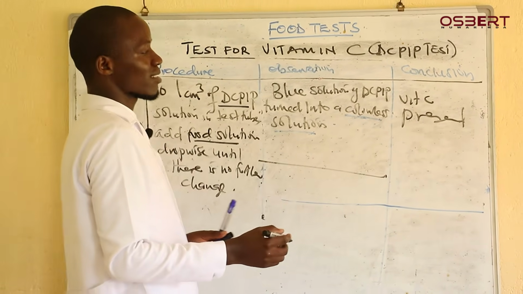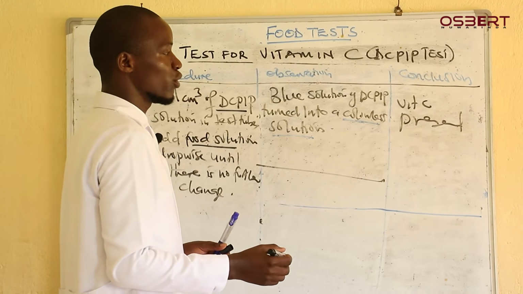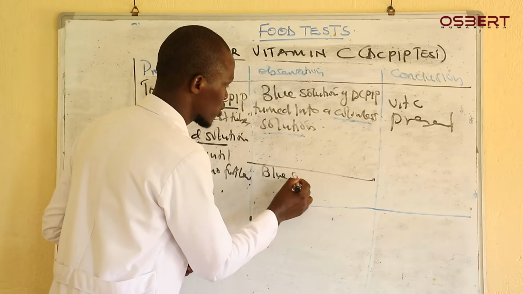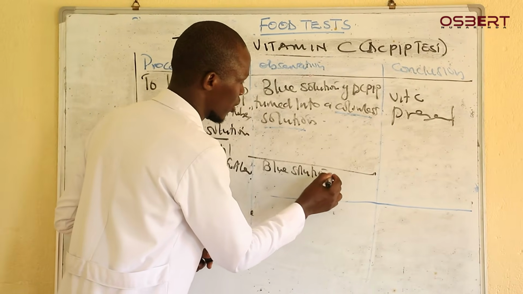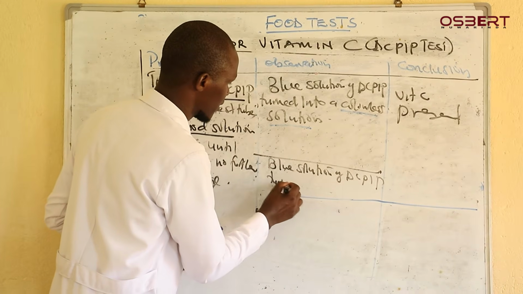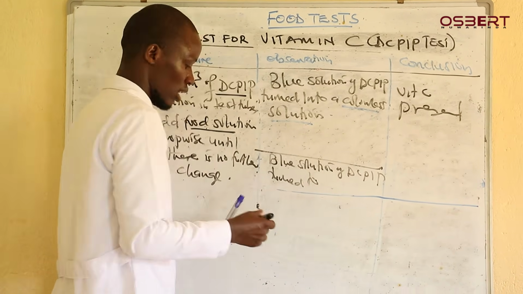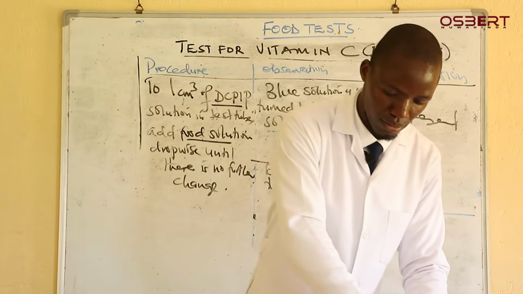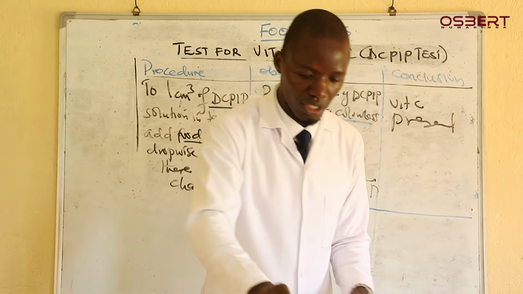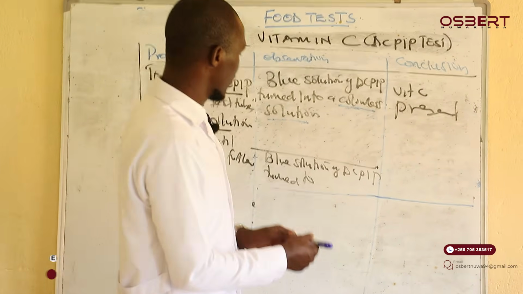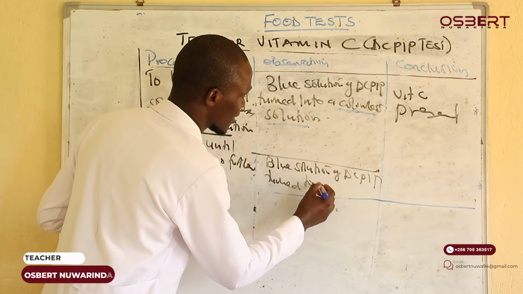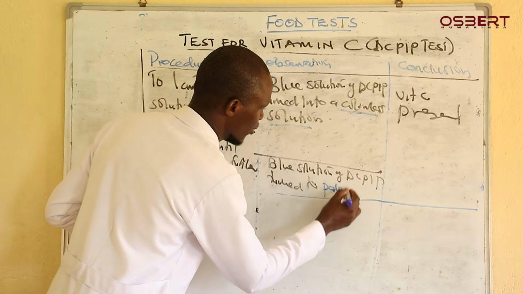That means in case we don't have any vitamin C, you come and say the blue solution of DCPIP turns into a pale blue.